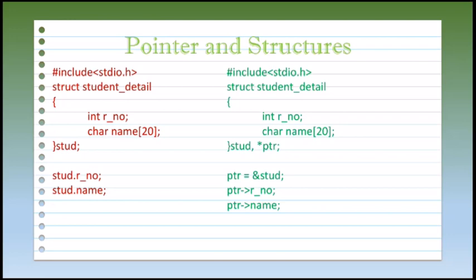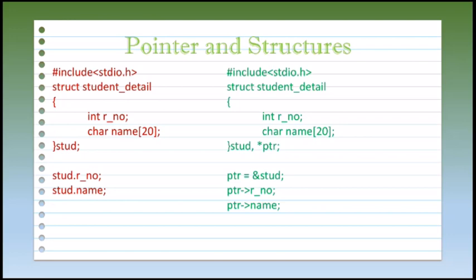If you look, stud is a structure variable, whereas star ptr is a pointer variable, and the data type is the same, that is the structure data type. So we have declared two variables, one is stud and the second one is star ptr, that is, ptr is a pointer variable. While accessing, based on the address, we are trying to access the elements.